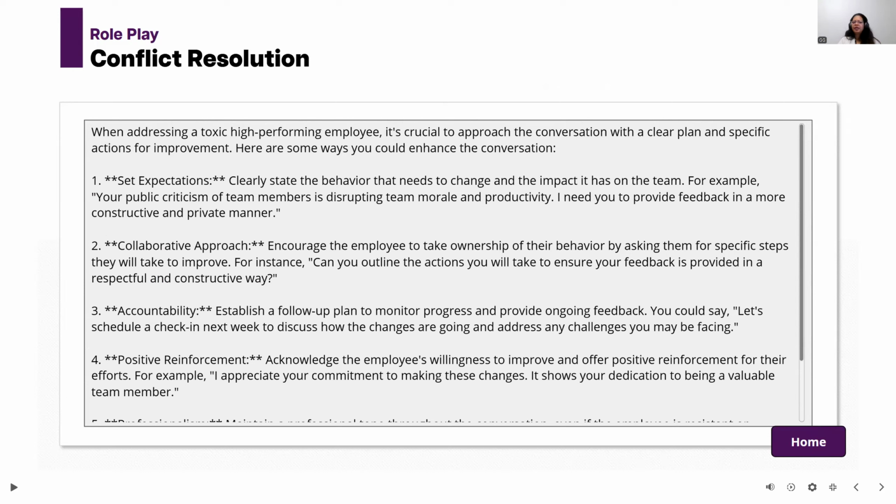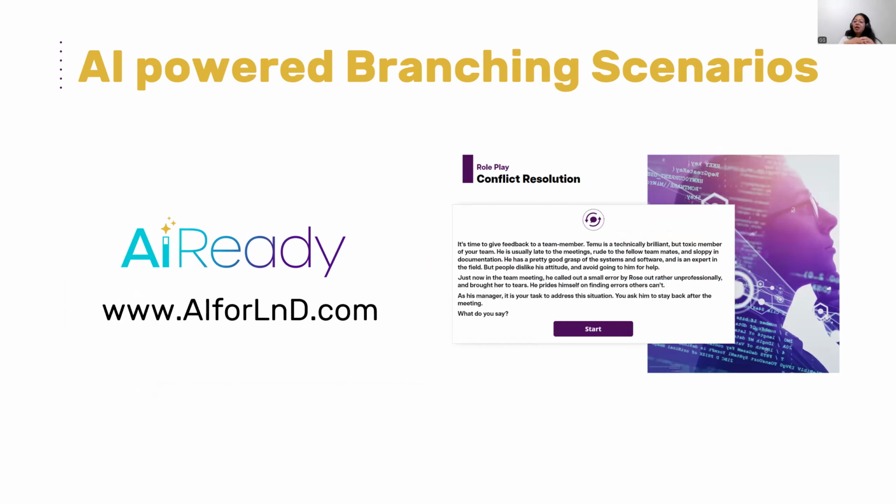So this is still branching because, let me go back. Because the way I would have responded to Tim would be different from how my colleague would respond to Tim, and the behavior would change. But also Tim, or AI playing as Tim, would also react differently every time.